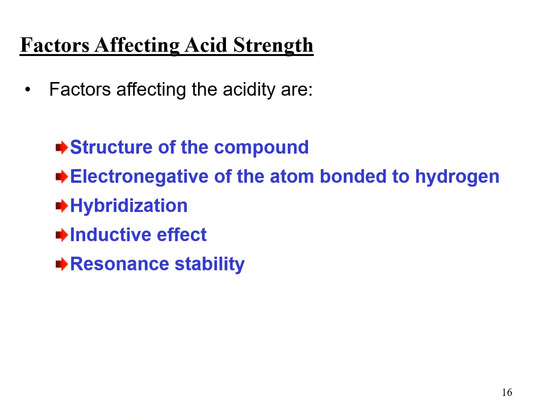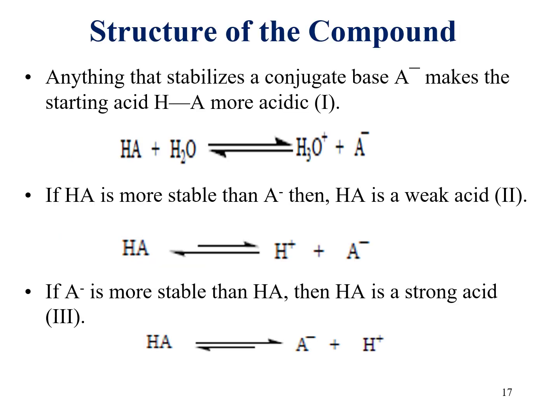What are the factors that affect the strength of this acid? We're going to talk about structure of the compound, electronegativity of the atom bonded to hydrogen, hybridization, inductive effect, and resonance. Now, in terms of structure of a compound, anything that stabilizes the conjugate base makes the acid strong. Remember how we got the conjugate base?